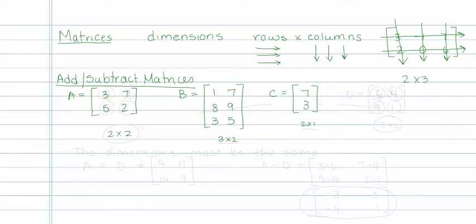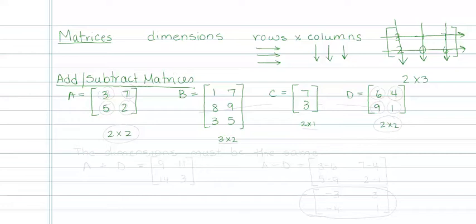Now let's say that we wanted to add these matrices, and we're not going to be able to do that, so I'm going to add another matrix over here. So let's add matrix D, which would be 6, 4, 9, 1. The dimensions for this one is a 2 by 2.